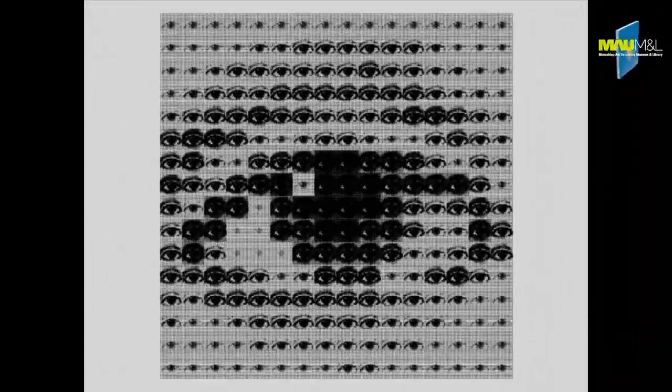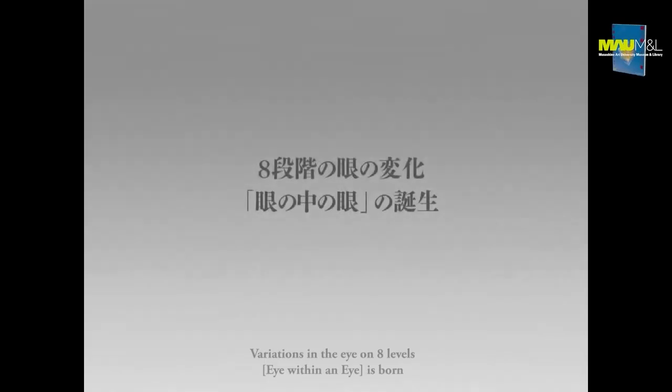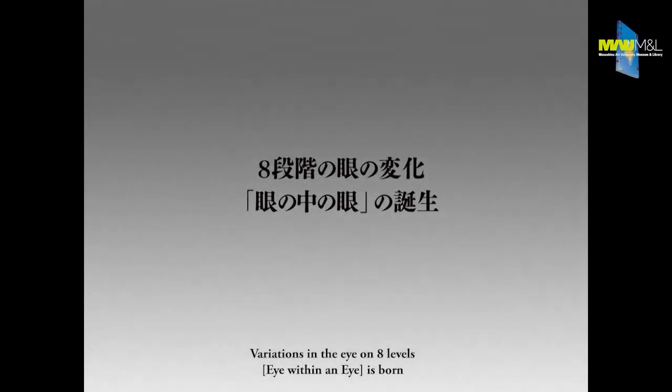While repeating this eye image composition system, we took up the challenge of a project to create one eye with 30 eyes, an eye within an eye within an eye. The 80s was still an era of hand drawing everything. But since we were in the middle of a busy period, we had to give it up.